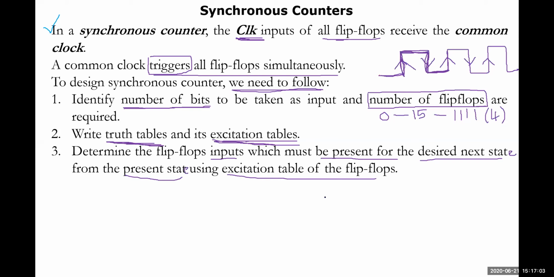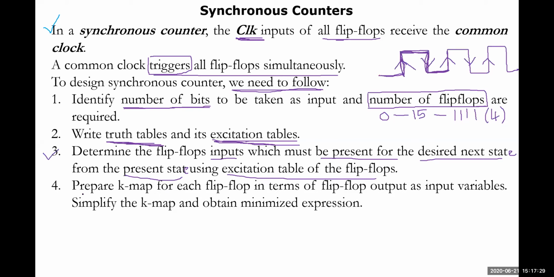However, you need to identify what the next state of the flip-flop is based on the present states, and these next state values will be identified based on the present states in the excitation table, not from the truth table. So this particular point will be considered as the third point. And the fourth point will be, after considering the next state values, each and every flip-flop.